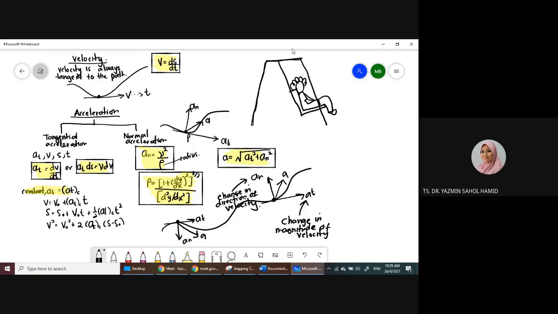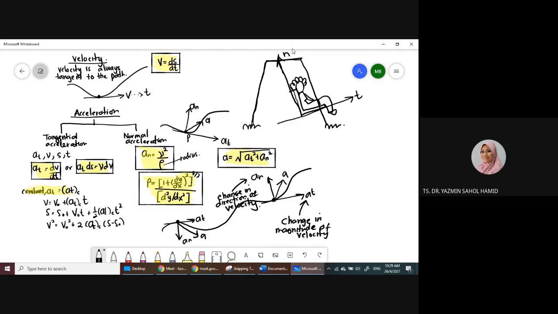So the direction of the tangent will be like that, am I right? And then the normal direction will be N like that. This is how you draw it. Right?